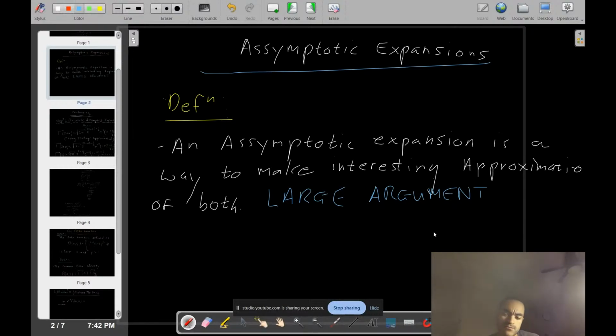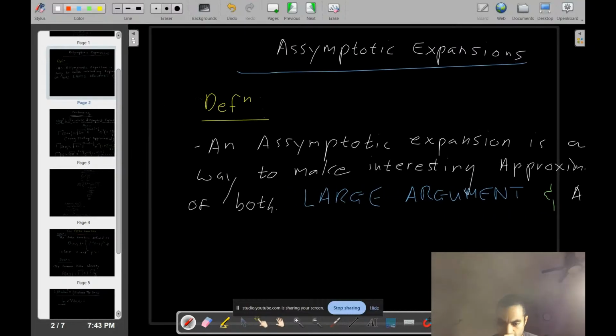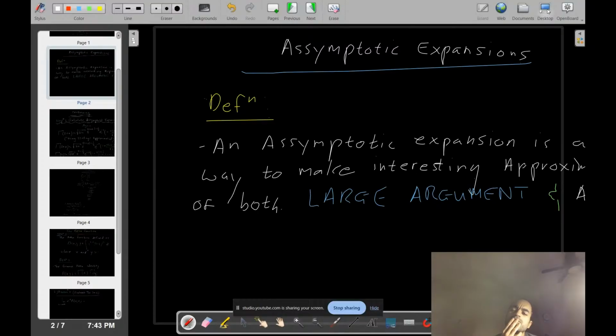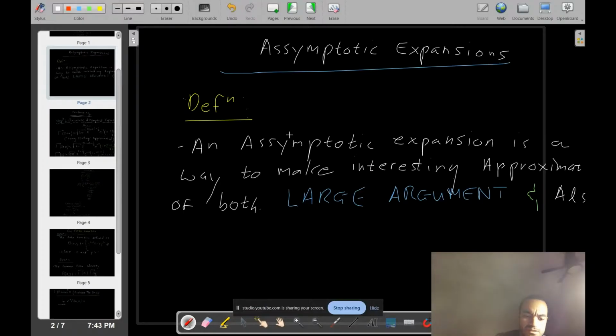So when you have an asymptotic expansion, it's a way to make interesting approximations of both large argument functions, and also basic arguments as well.